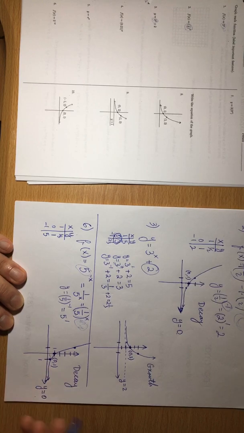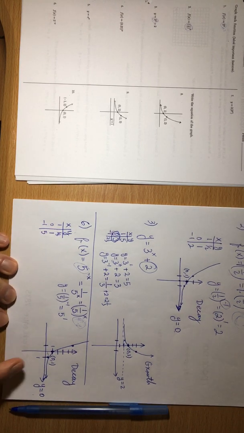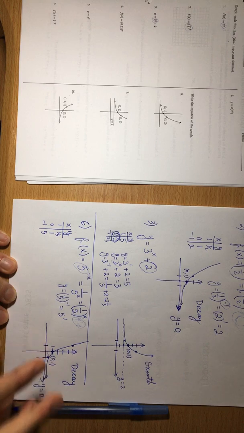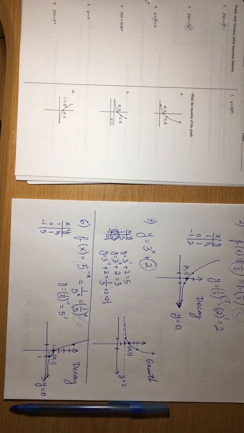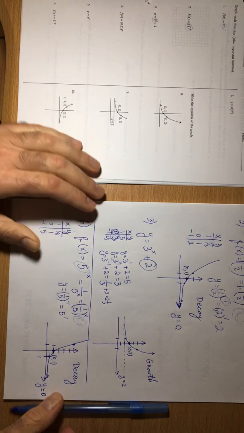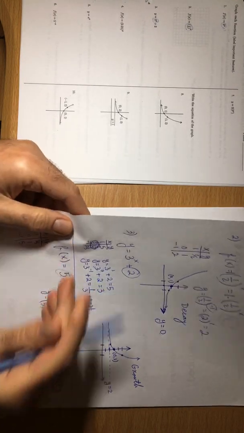These are the important features when you're doing this assignment, Review B. You have to add all of these things. Make sure you have a table of values. Make sure you have a good, very nice, legible graph. You have the equation of the asymptote, the y-intercept, and decay or growth. Okay? All right. Let's move on to number 7.